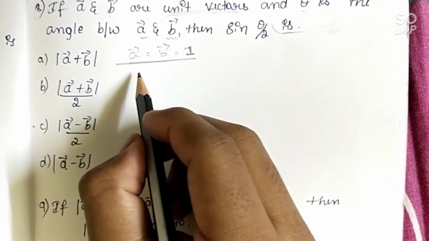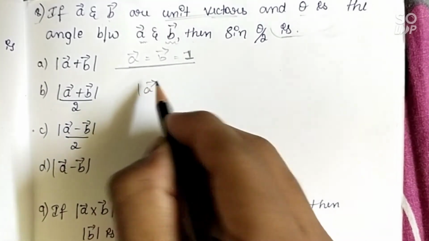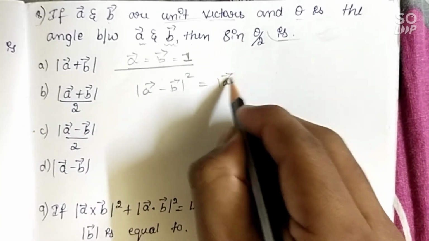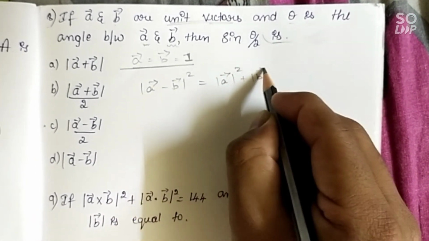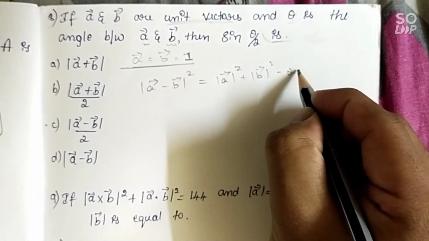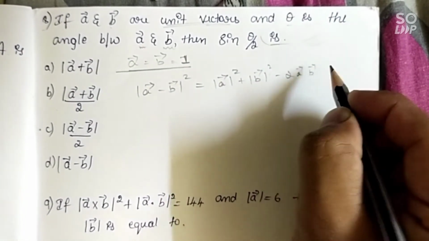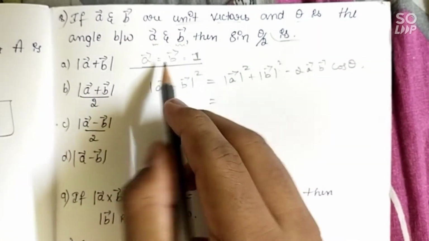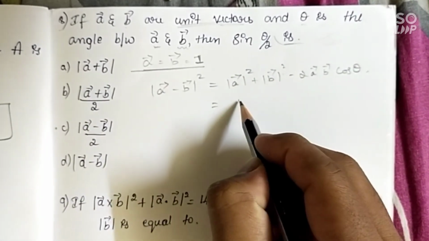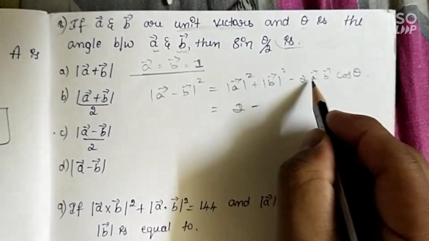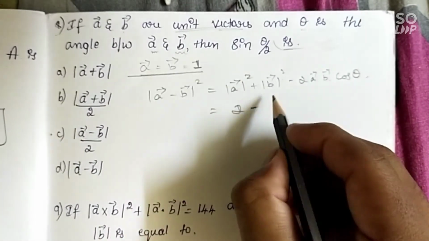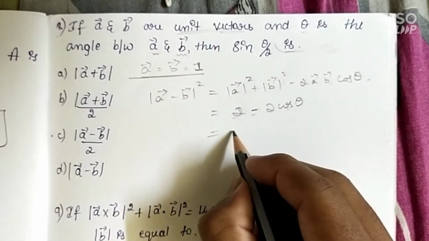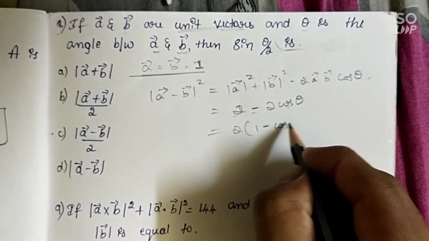Now we have a formula that magnitude of vector A minus vector B whole square is equal to magnitude A square plus magnitude B square minus 2 into A into B into cos of theta. Now A square plus B square, that is 1 square plus 1 square, 1 plus 1, that is equal to 2, minus 2 into 1 into 1 into cos theta. Now take 2 as common, so 2 into 1 minus cos theta.